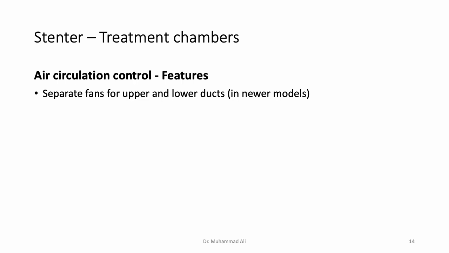In that case, there is a pressure difference in the air coming out from the upper and lower ducts. So to address that problem, in relatively newer models of Stenters, and when I say newer, I am talking about the last 15 or 20 years, or maybe even longer than that, the manufacturers came up with this concept of having a separate fan for the upper and lower duct. So in this case, there is no pressure difference in the air coming out from the two.